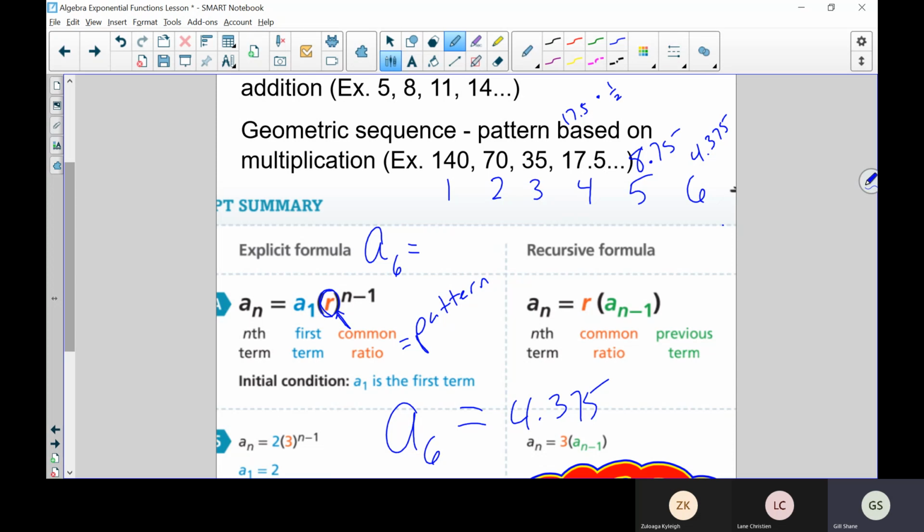First term is in position 1, whatever that number is, so 140 times, then what? I get the pattern, so I could use 0.5. So if you're going to use calculators, you'd have to use 0.5. So I'll write 0.5 there.